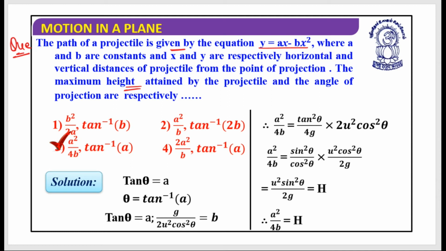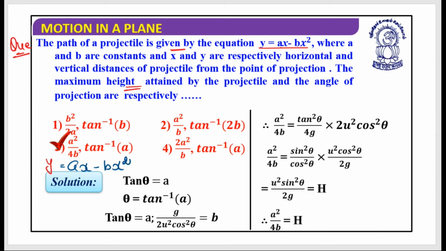Okay, so this is the equation of trajectory. The data they have given is y is equal to ax minus bx square.